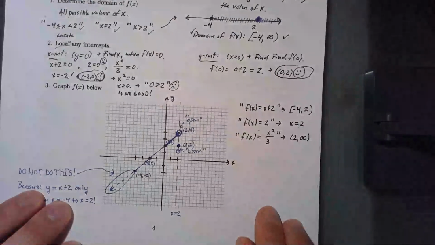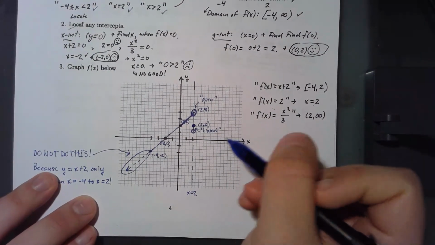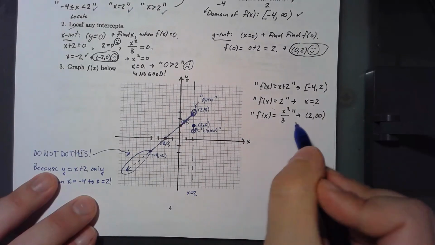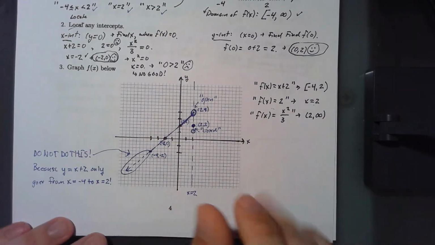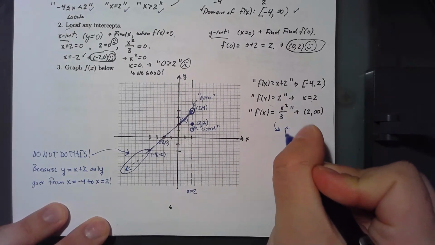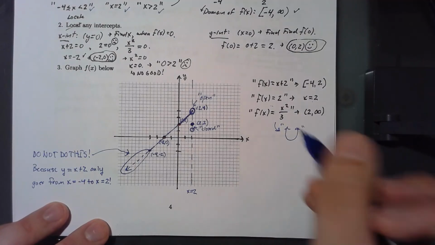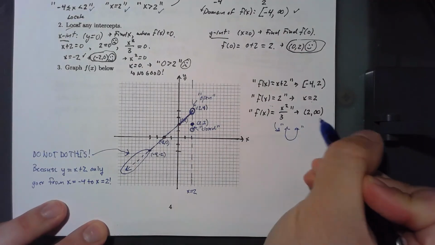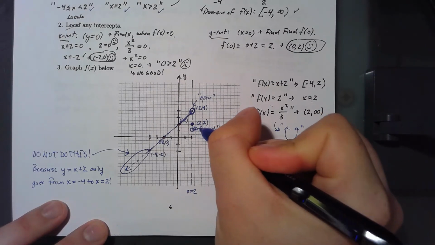But if you want to extrapolate from there, that's fine. X squared divided by 3, it's elongated a little bit, and we're going to look at what that means in the next section. But as long as you capture this structure, that will be sufficient. So from here out to infinity, my graph is going to look like this.